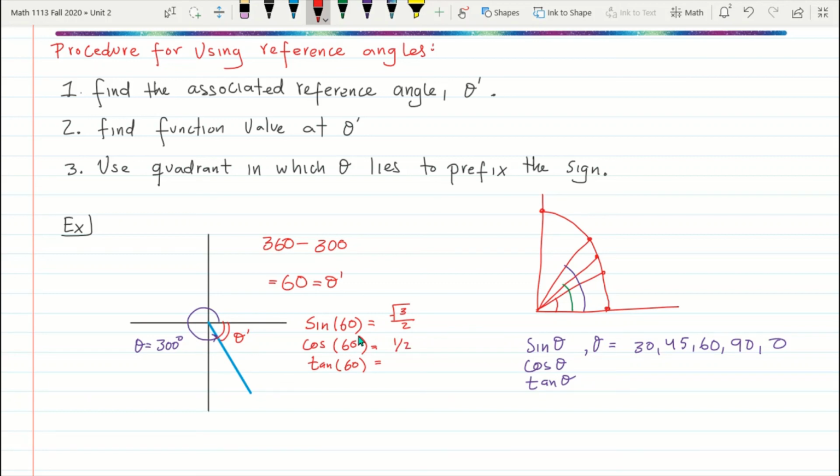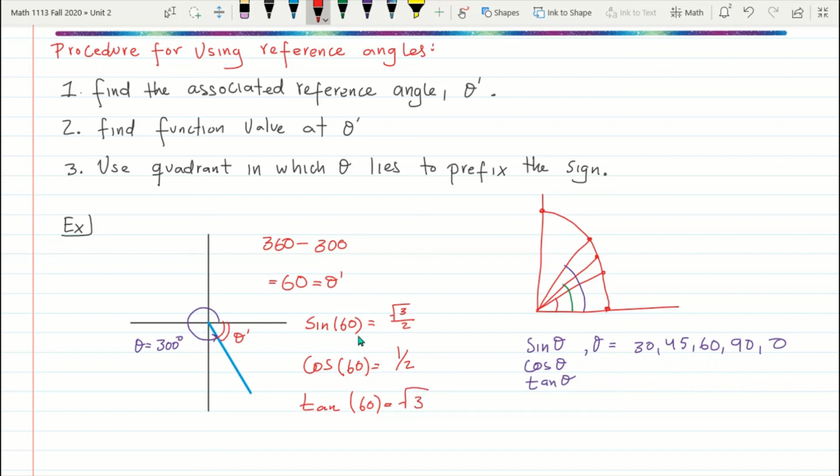Tangent at 60 is going to be sine over cosine, which comes out to be square root of 3.